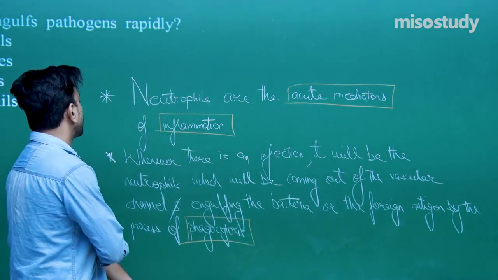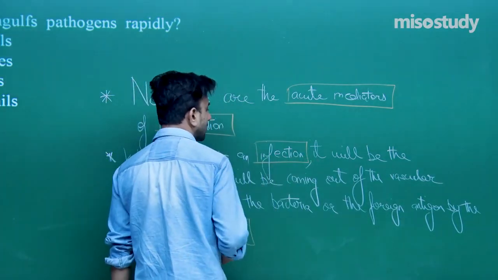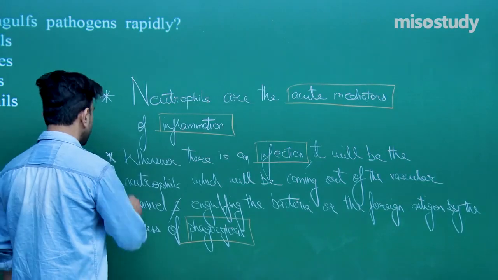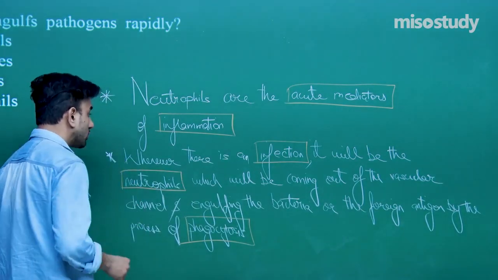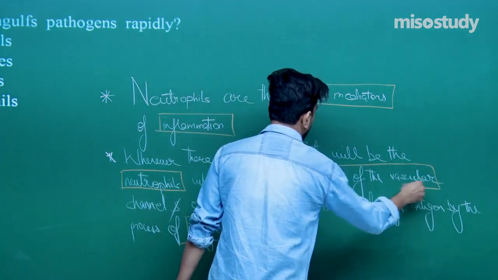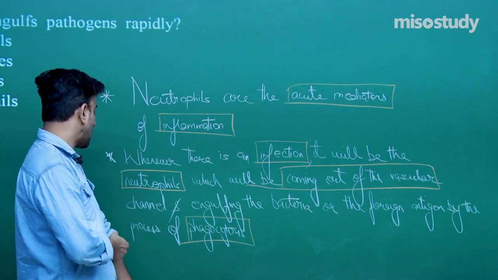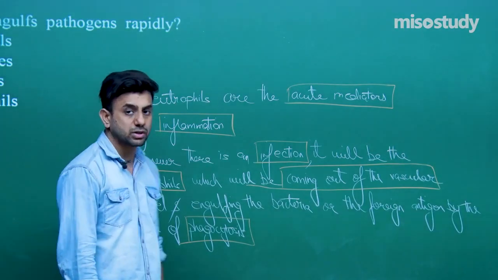So whenever there is an infection, it will be the neutrophils which will be coming out of the vascular channel and engulfing the bacteria or the foreign antigen by the process of phagocytosis.